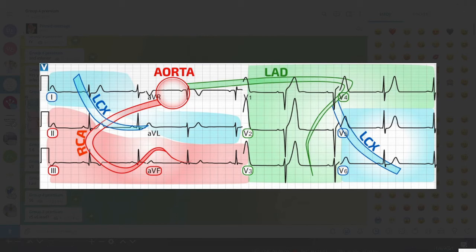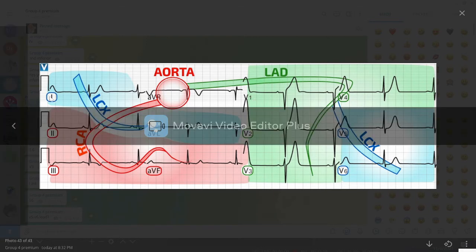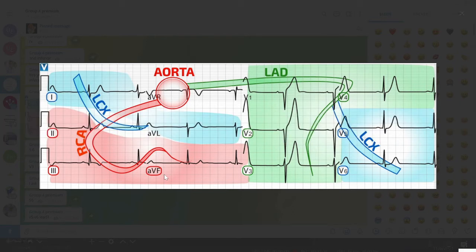Awesome. Okay, so if someone has a main left coronary artery occlusion, it will be from V1 until V6 in addition to lead 1 and aVL. While the right coronary artery only supplies leads 2, 3, aVF, which also represents inferior MI. If I tell you lateral MI, it's supplied by the left circumflex.